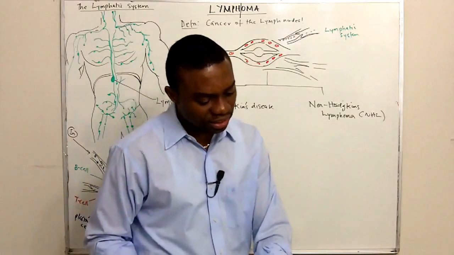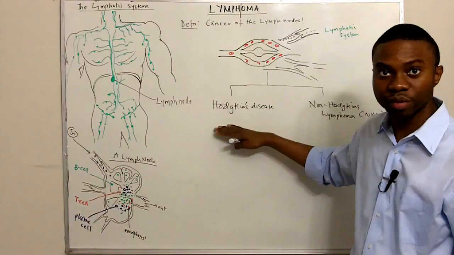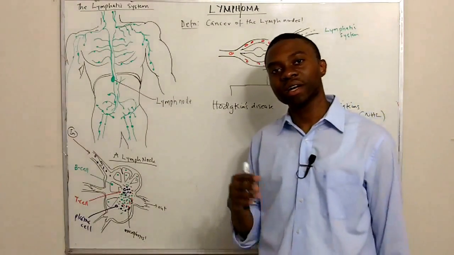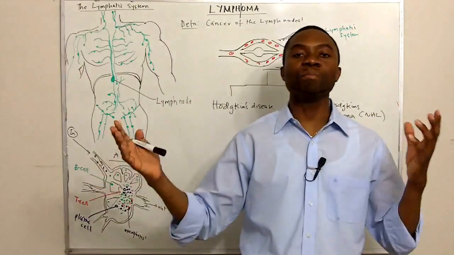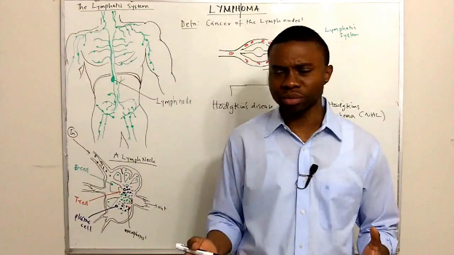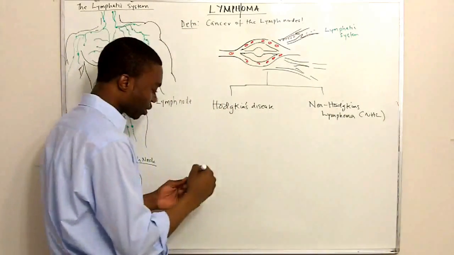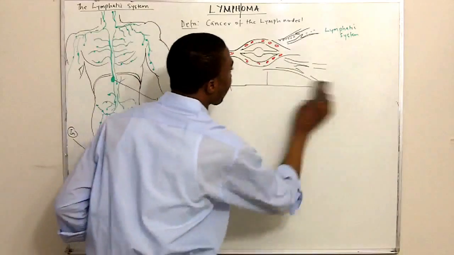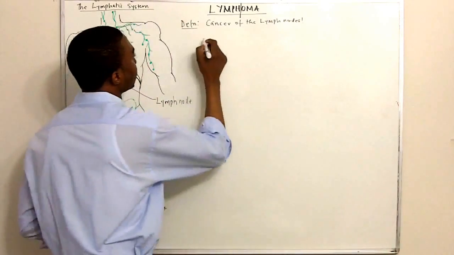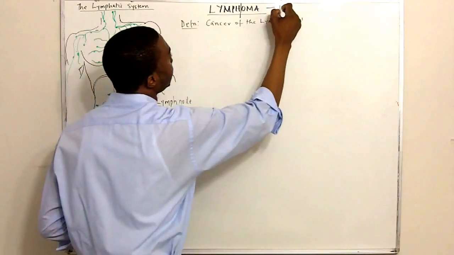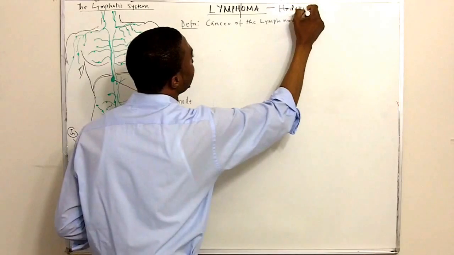So what is Hodgkin's disease? Hodgkin's disease has a certain characteristic: a bimodal age distribution. What does that mean? Bi means two, modes means different ages.